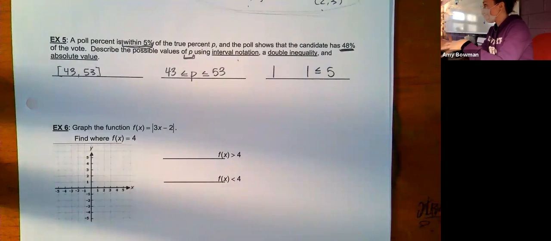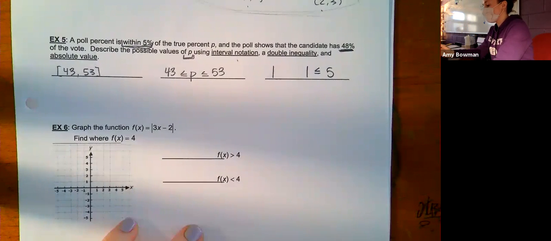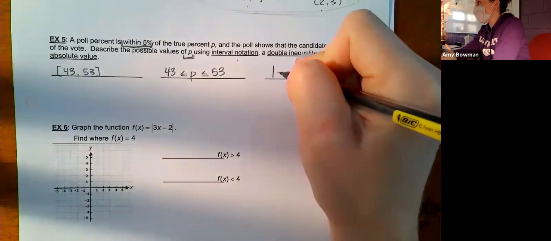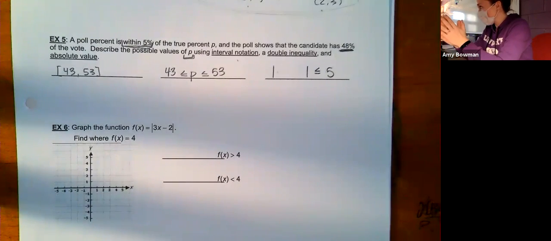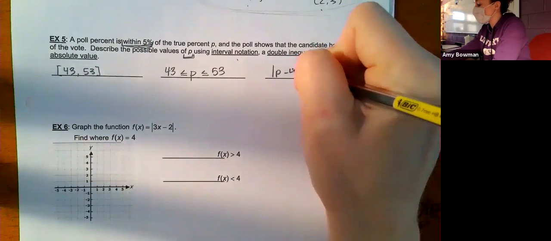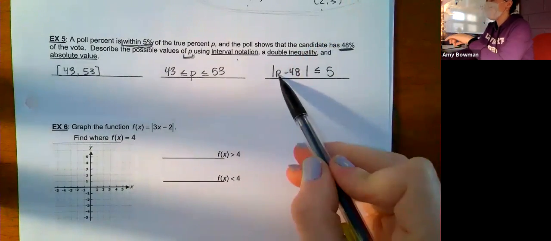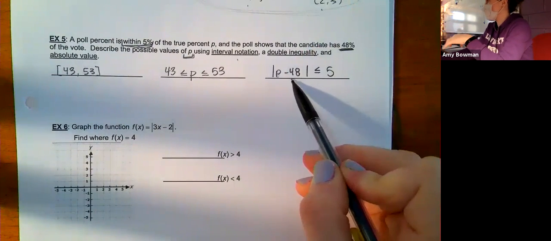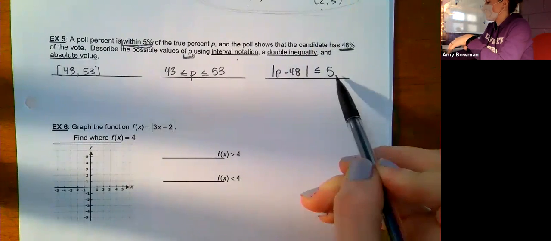And then, go ahead. Is it X? Is it, I mean, P plus 48? Close. The difference between P, the actual percentage, and the polled percentage, so P minus 48. What that means is the difference between the actual percentage and the polled percentage has to be within 5.